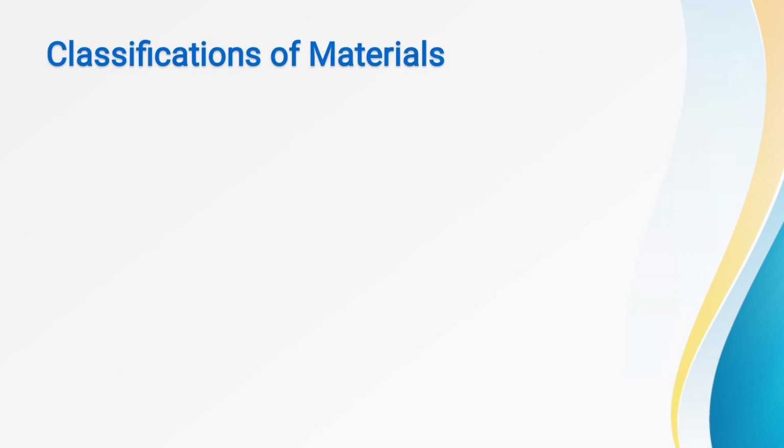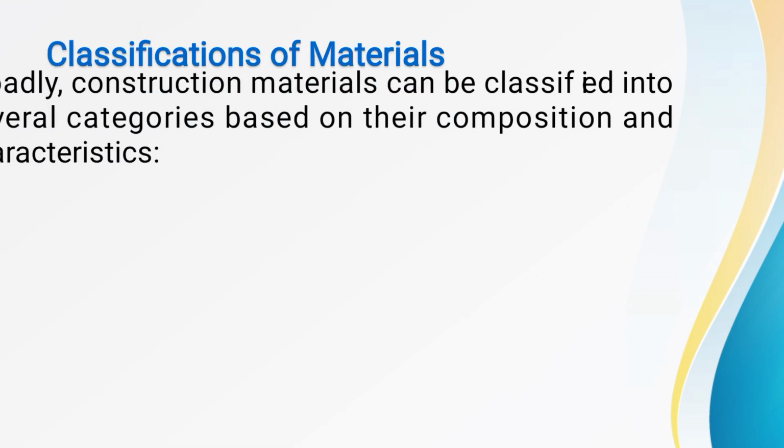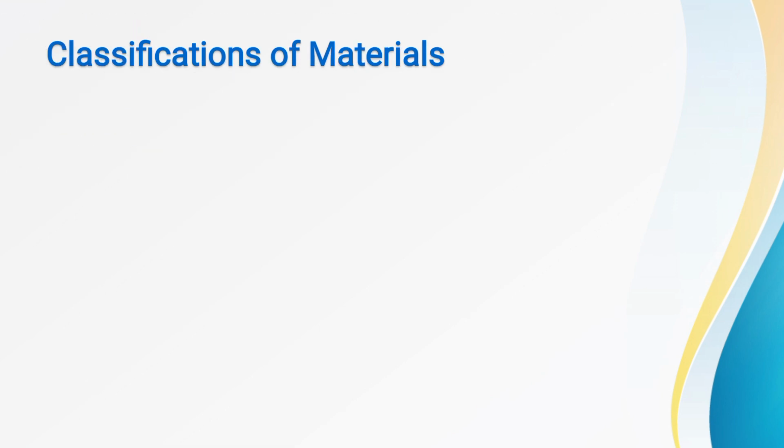Moving forward to the next subtopic, she mentioned in objective number 2 is the classification of building construction materials. So we are going to look at the broad classification of these construction materials.